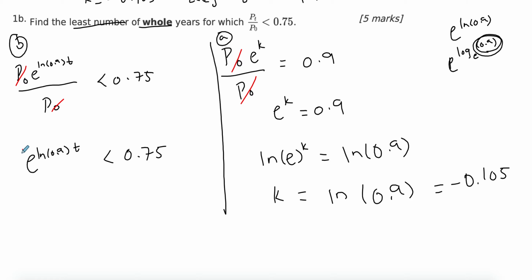So this whole thing is raised to the power of t, and this whole thing is actually equal to 0.9. So it's 0.9 to the power of t less than 0.75.